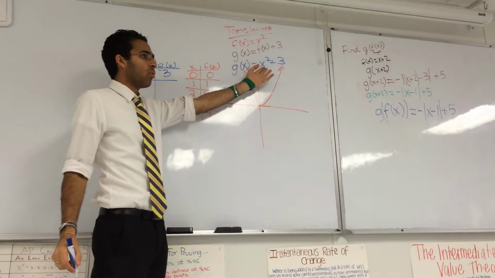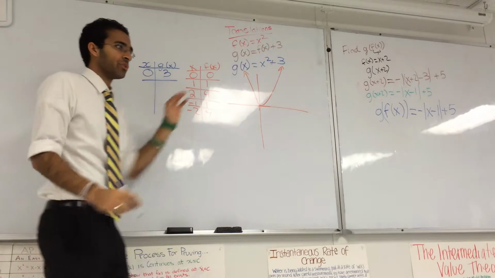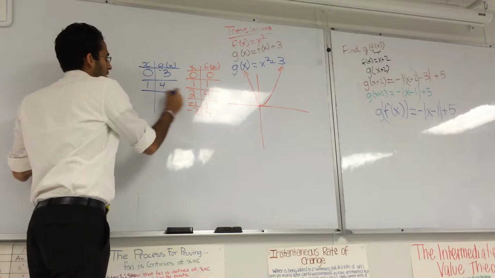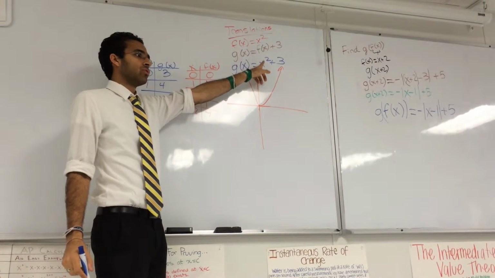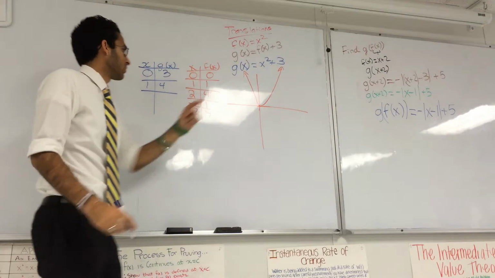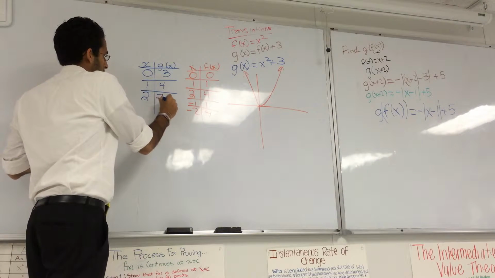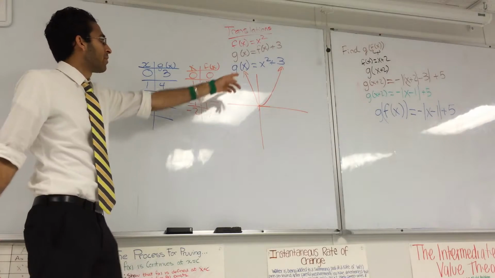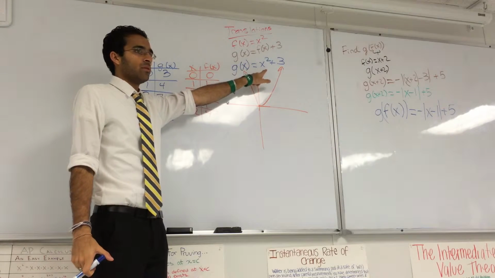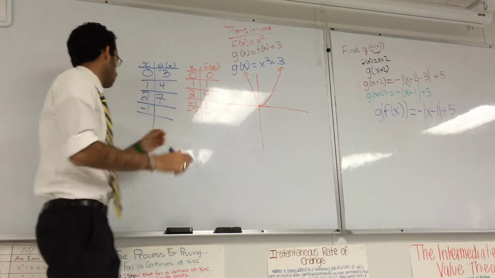When x is 1, 1 squared is 1, plus 3 is 4. When x is 2, 2 squared is 4, 4 plus 3 is 7. If I plug in -1, -1 squared is 1, 1 plus 3 is 4.